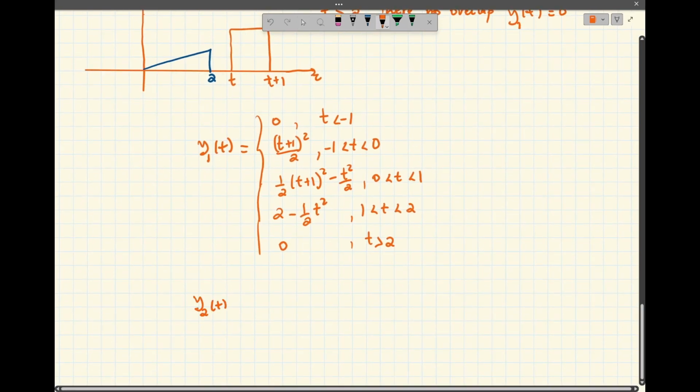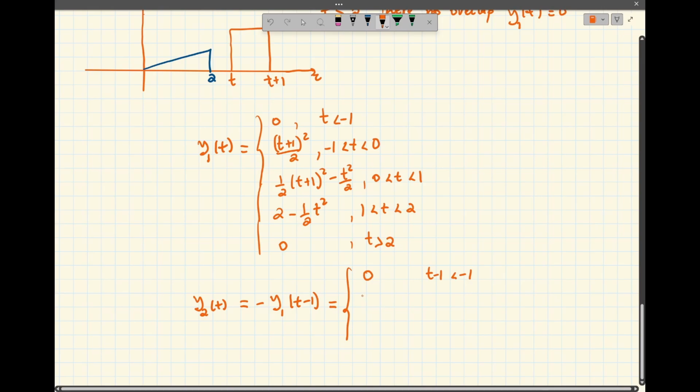So y2 is equal to negative y1 of t minus 1, as we found above. So that means we have 0 when t minus 1 is less than -1.